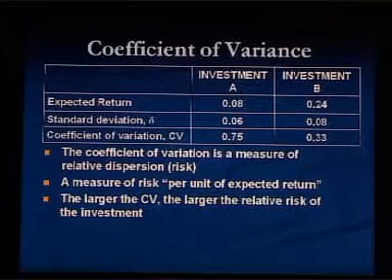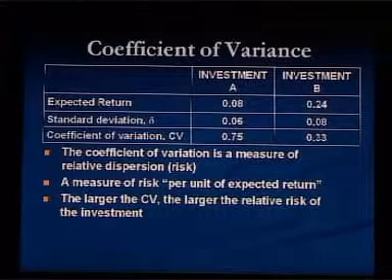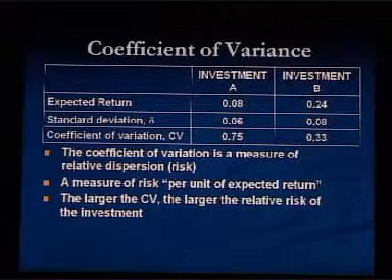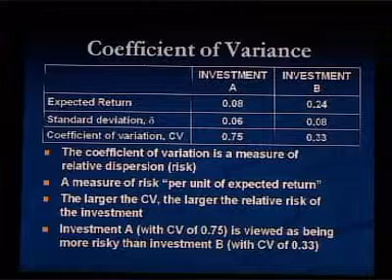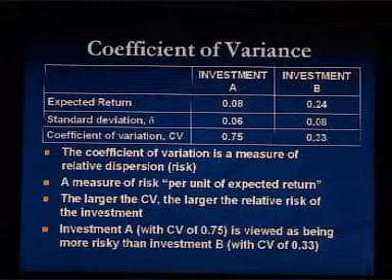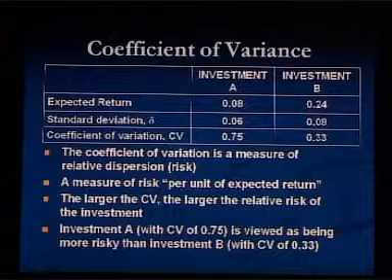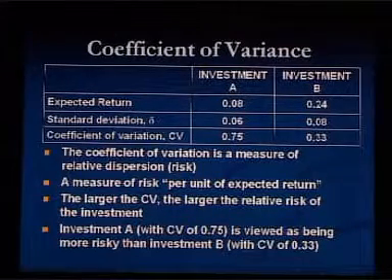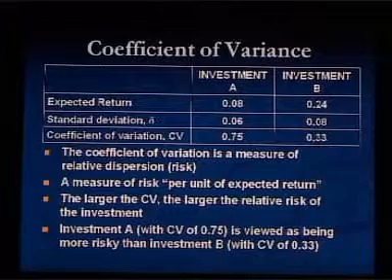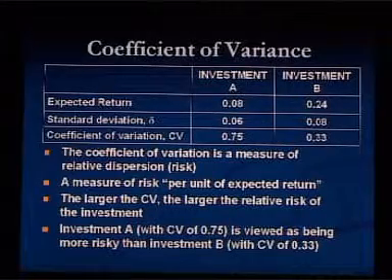Then the larger the CV, the larger the relative risk of the investment, and investment A with a coefficient of variation of 0.75 is viewed as being more risky than investment B with a coefficient of variation of 0.33. Therefore, for comparing the risks between securities, we can use the coefficient of variation, but different securities have different levels of return and different levels of risk.